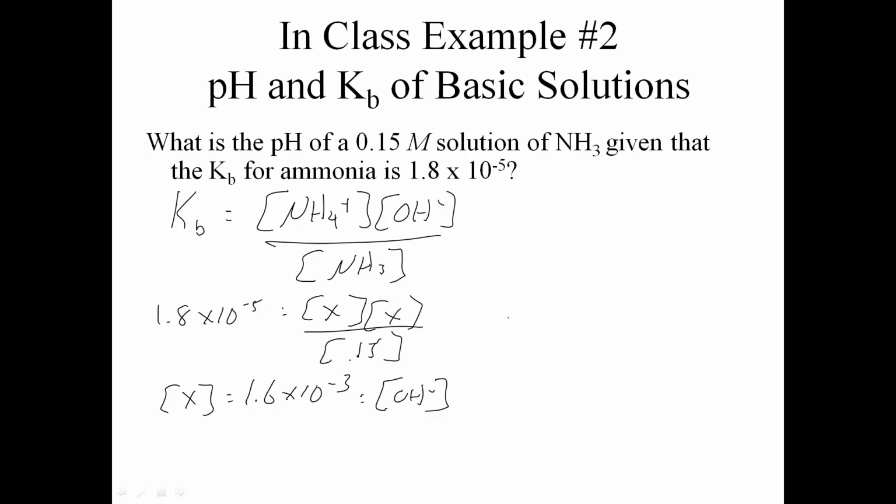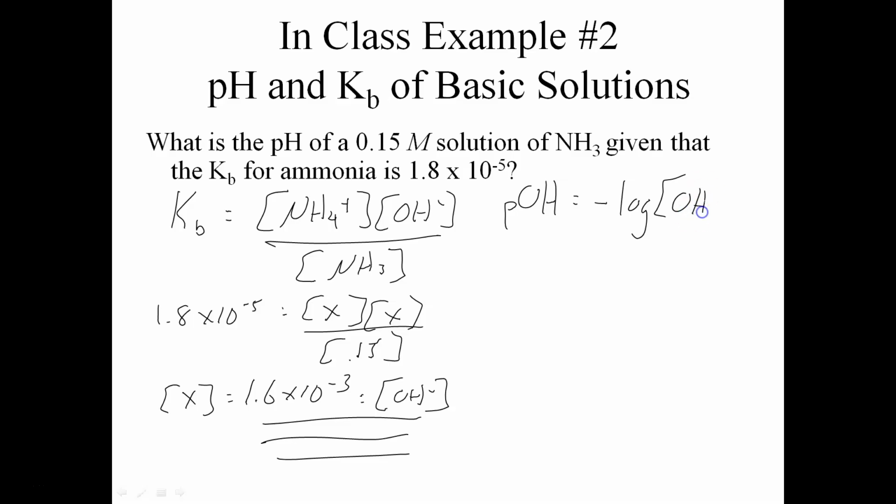Let's use this to find our pOH. pOH is the negative log, from one of our previous lessons, of the hydroxide concentration. That's negative log of 1.6 times 10 to the negative third, and the pOH comes out to be 2.8.